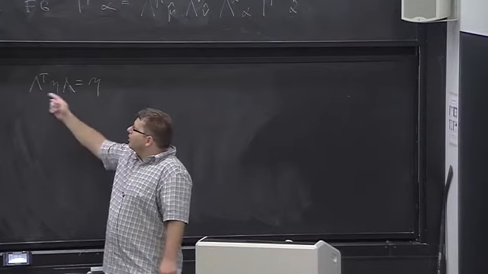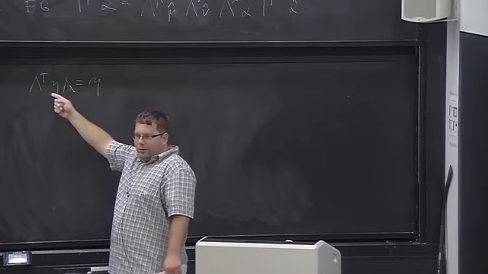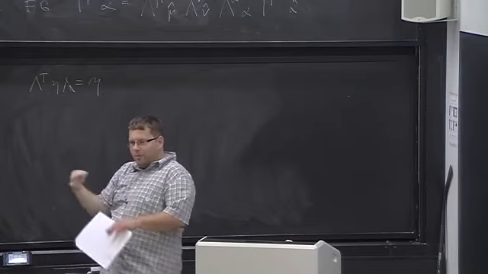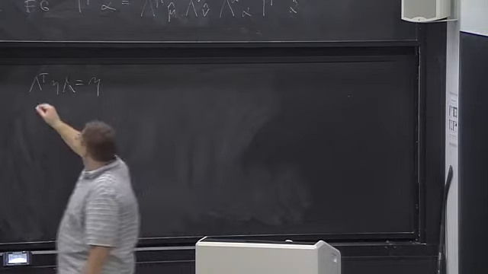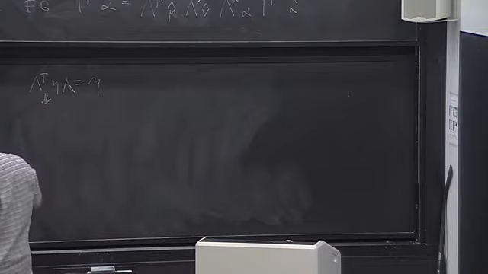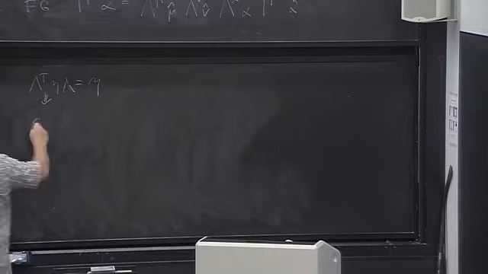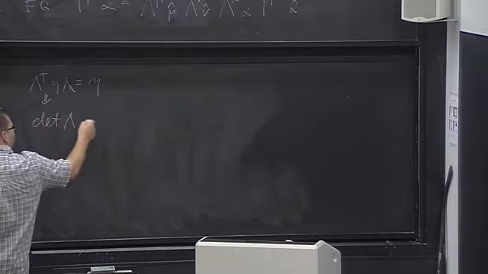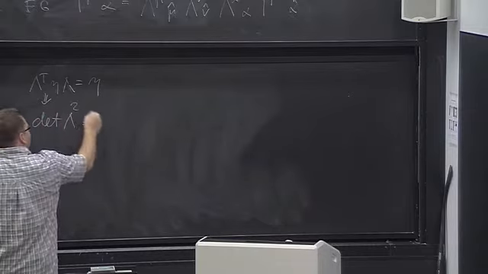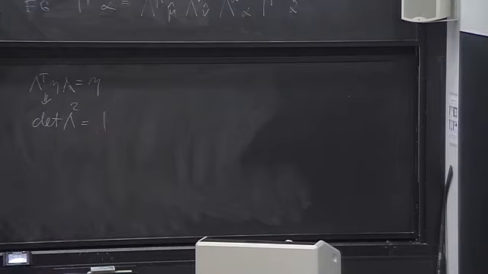The determinant of a product of matrices is simply the product of determinants, and the determinant of the transpose matrix is the same as the determinant of the matrix. So what you learn from here is that determinant of lambda squared equals 1. So the determinant of lambda is either +1 or -1.